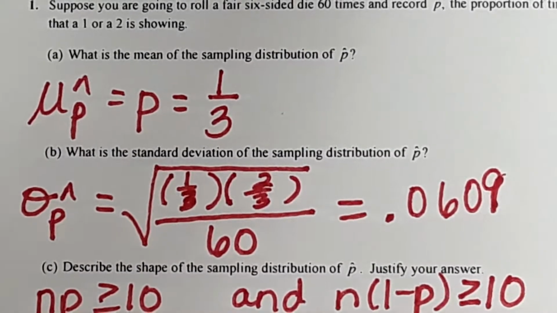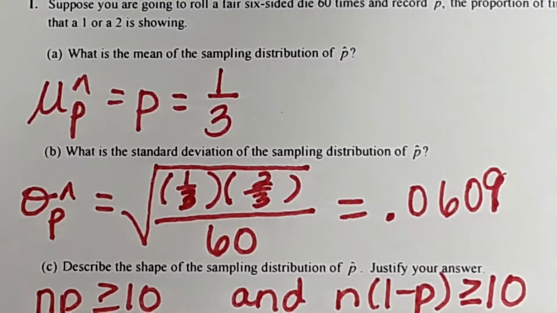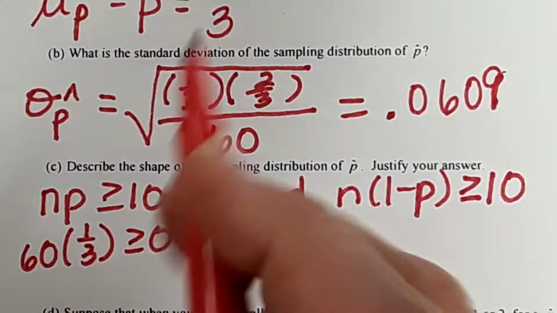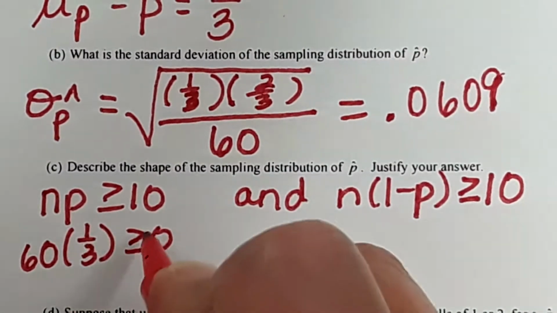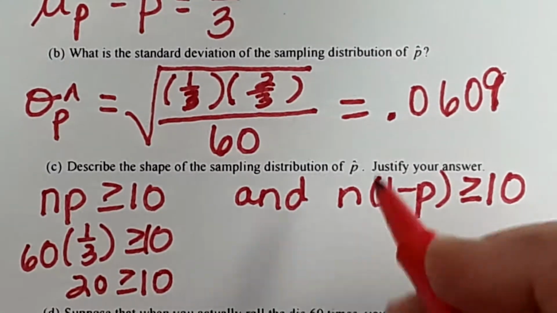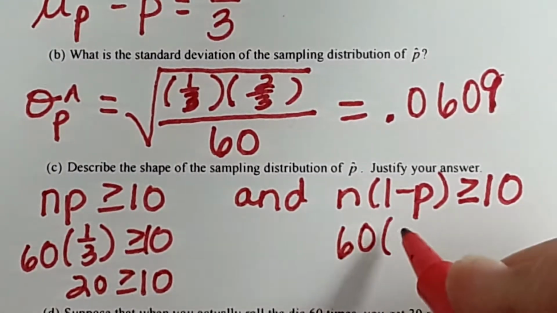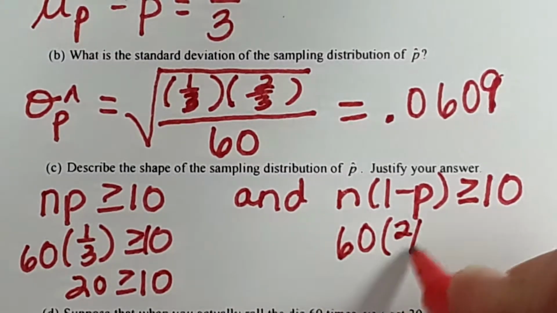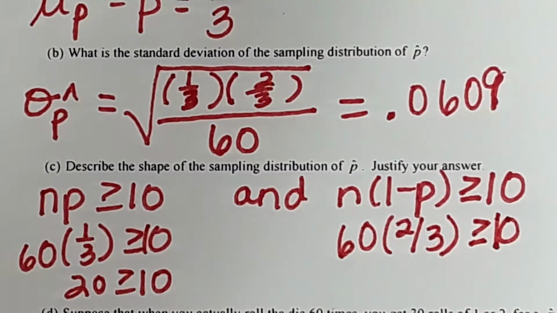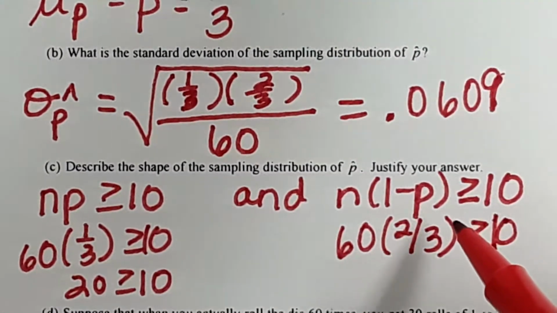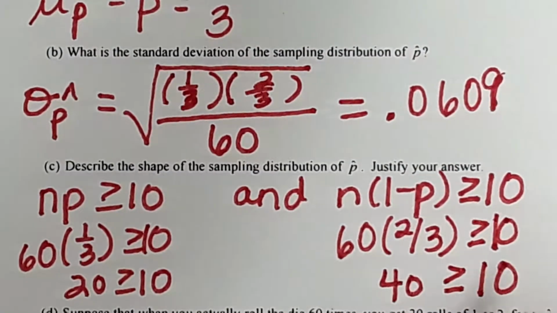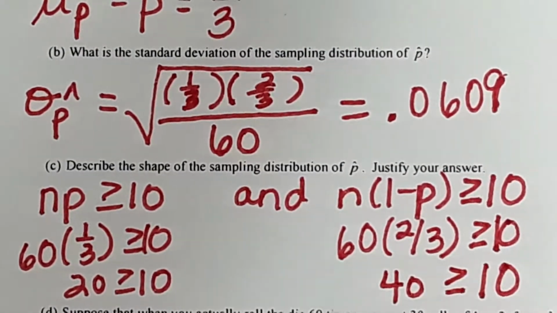So 60 times 1/3 is 20. Is 20 greater than or equal to 10? Yes. So that one works. Then 60 times 2/3 is 40. Is 40 greater than or equal to 10? Yes. And then you have to write a sentence.